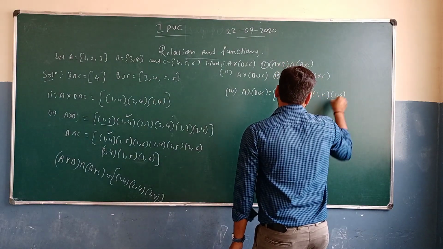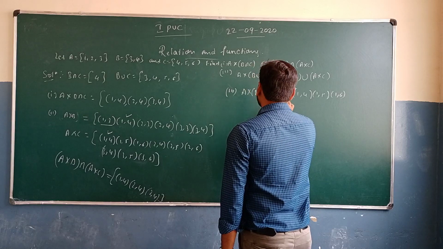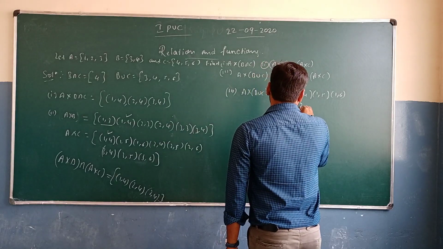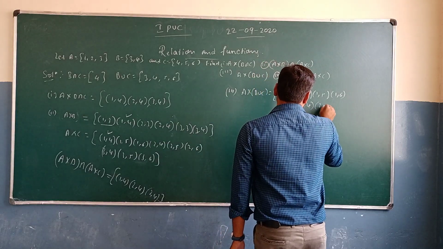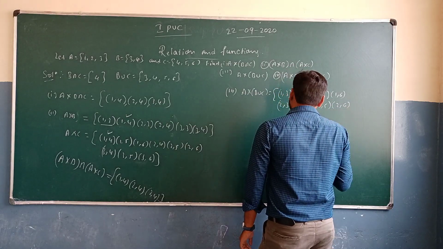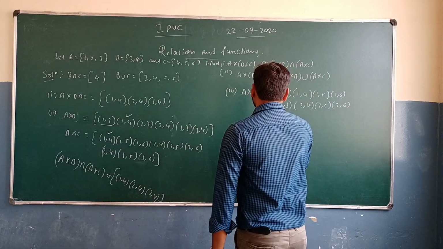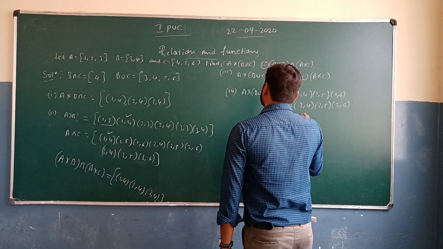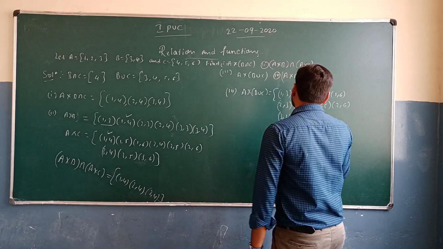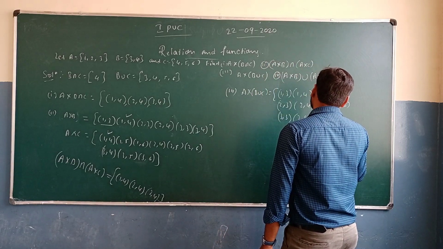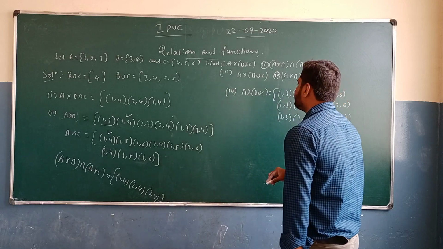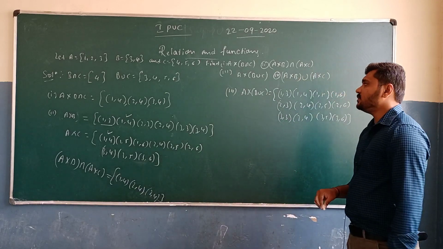Then 1, 6. So next one is 2, 3. So 2, 4. So then 2, 5. Then 2, 6. So next one is 3, 3. 3, 4. Next one 3, 5. So next one 3, 6.